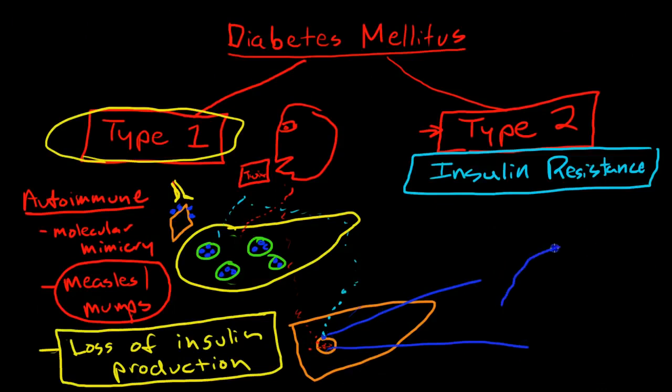Remember, on the cell membrane, we've got our insulin receptor, and we've got insulin binding with it here, and that sends out second messengers to the glucose transporter and to the sodium potassium pump and to various other places within the cell.